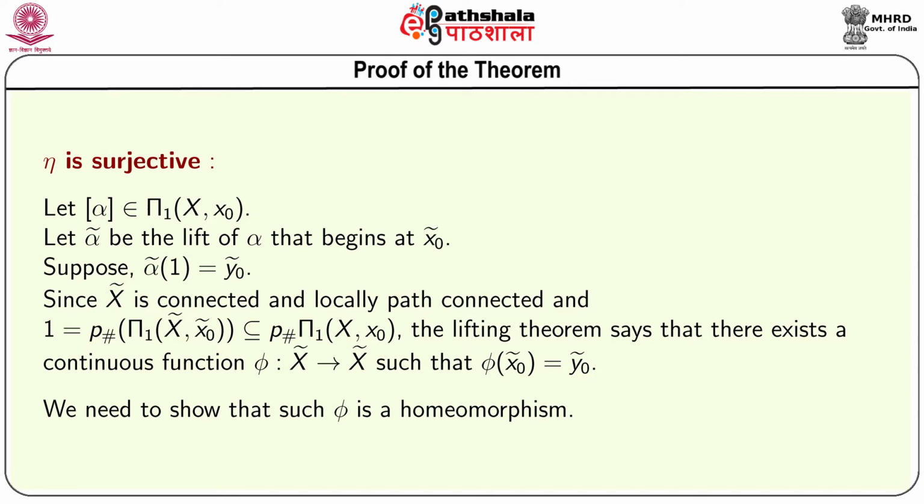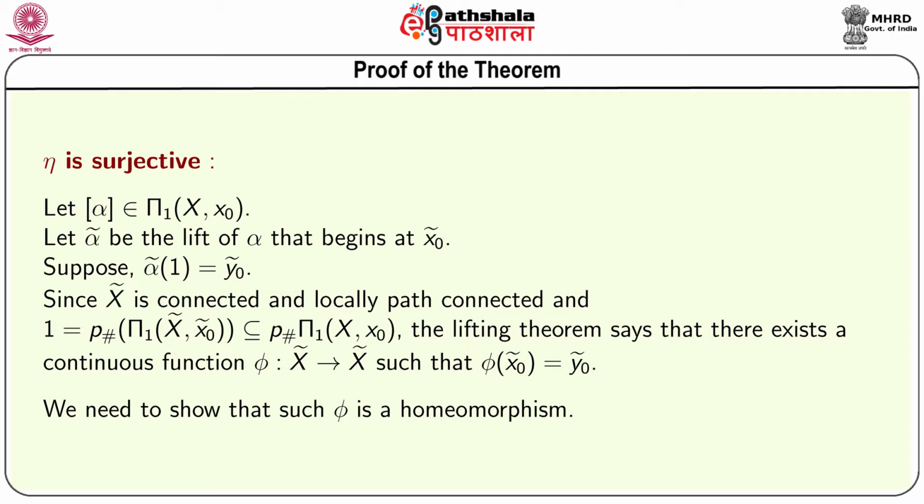Now, to show that eta is surjective, let us take the class of alpha from pi 1 of X, x0. Let alpha tilde be the lift of alpha that begins at x0 tilde, and suppose alpha tilde evaluated at 1 is y0 tilde.